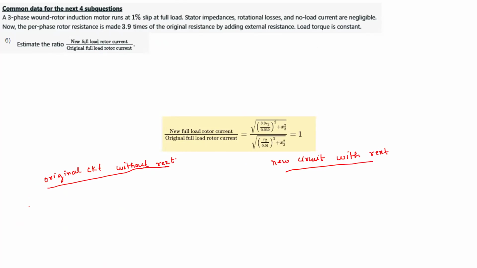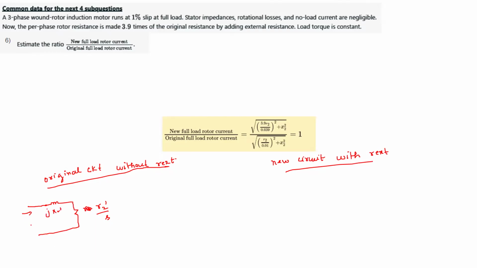Here you have jX1, R2 dash by S, because this is not starting, this is at the full load slip, and jX2 dash.